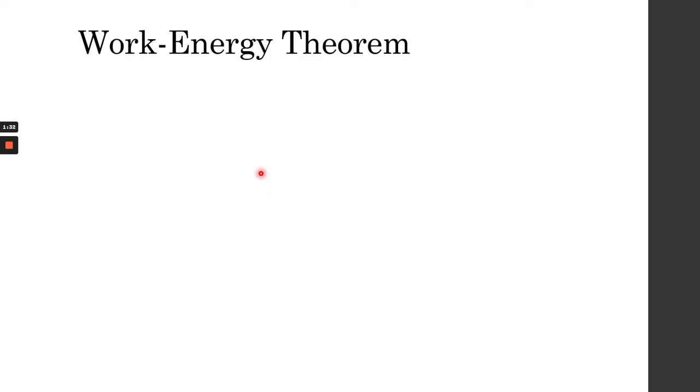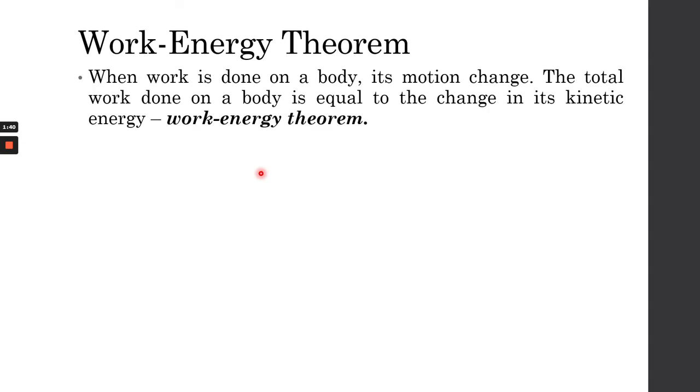So let's begin by understanding the relationship between work and energy, or basically the work-energy theorem. The relationship is that when work is done on a body, remember work is force multiplied by distance. And if we apply a net force onto an object and it moves, we are applying work.